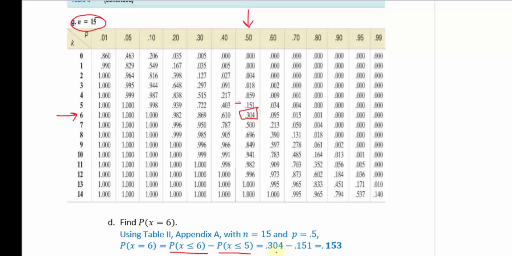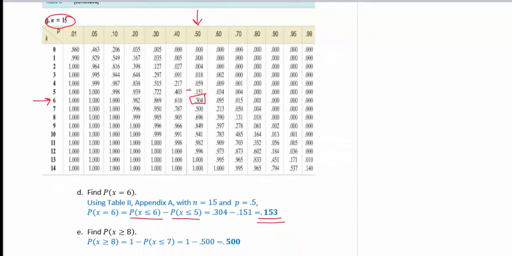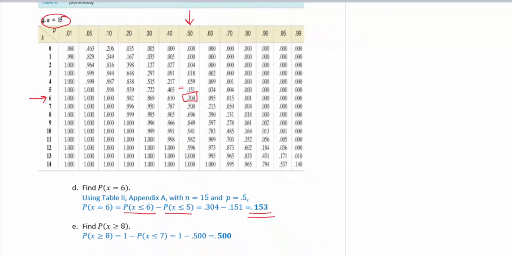So we have our 0.304, subtract 0.151, and our final answer is 0.153. And you'll notice that is a smaller number than 0.304 because we are subtracting all the probabilities that fall below that value.